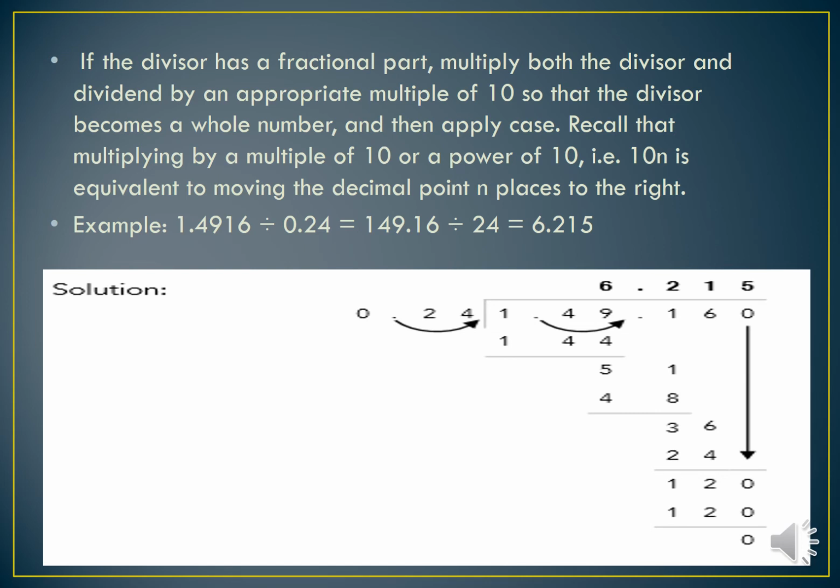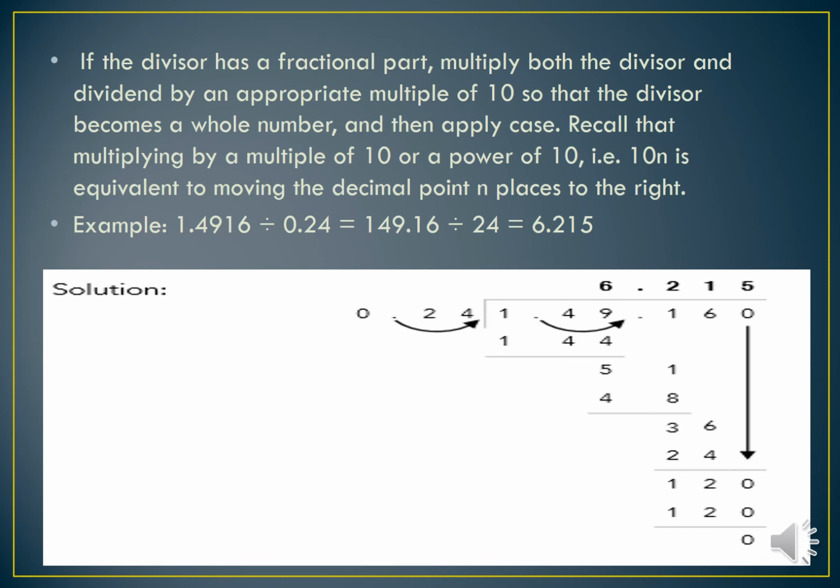So if the divisor has a fractional part, multiply both the divisor and the dividend by an appropriate multiple of 10 so that the divisor becomes a whole number, and then apply the previous case. Recall that multiplying by a multiple of 10 or a power of 10, for example 10 hundredths, is equivalent to moving the decimal point n places to the right.